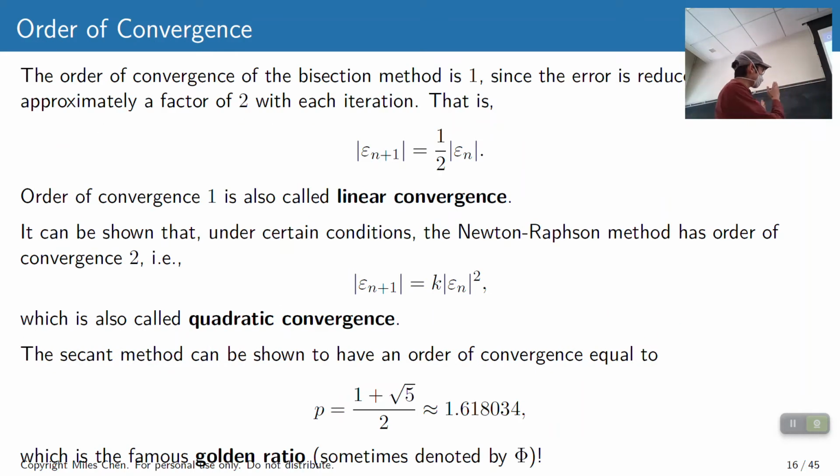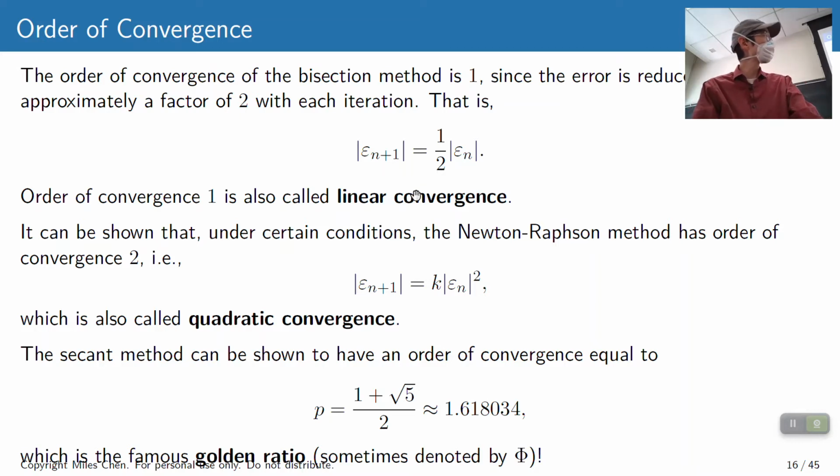So if you think about the bisection method, the amount of error you're going to have shrinks by a factor of 2, right? Every single time you're cutting your interval in half. And so the size of the next error is going to be your current error divided by 2.